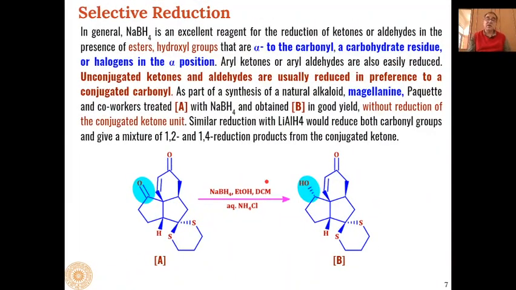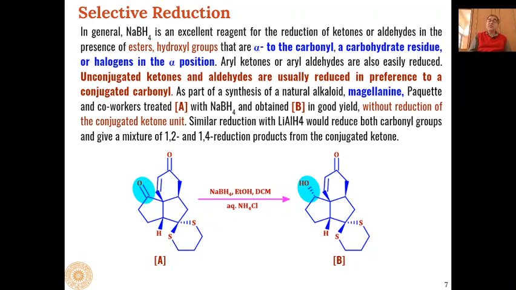Then another important example of selectivity of sodium borohydride reduction is in many types of substrates where we have esters or hydroxyl groups which are alpha to the carbonyl, or we have a carbohydrate residue in addition to the aldehydic and ketonic group, or we have halogens in the alpha position.